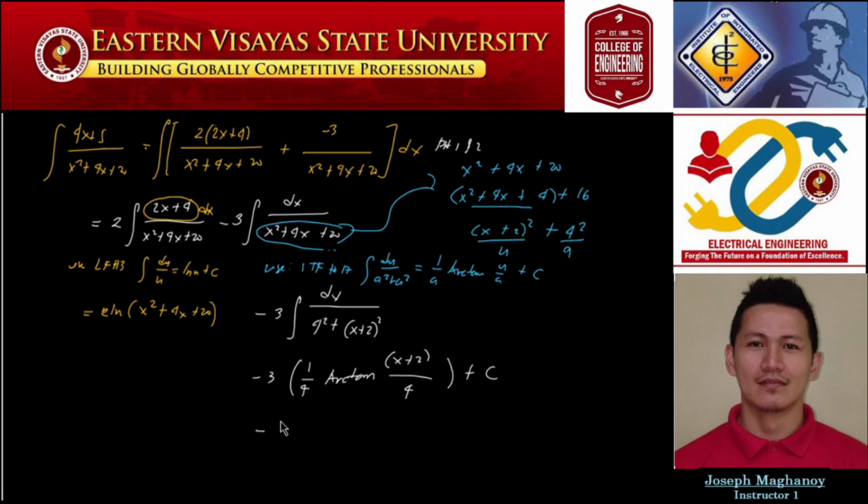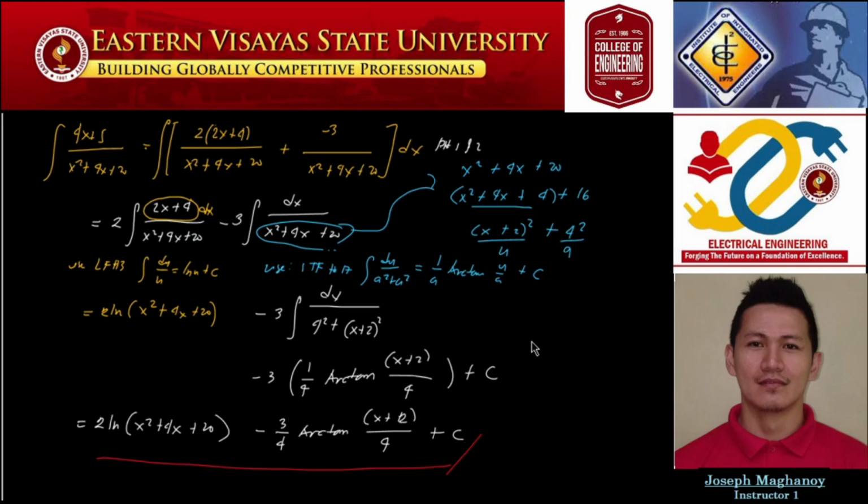Finally, you have your 3 over 4 arctan x plus 2 over 4 plus c. And copy your first term value, or your answer in your first term, that is 2 ln x squared plus 4x plus 20. And finally, this is your final answer for your example number 33.